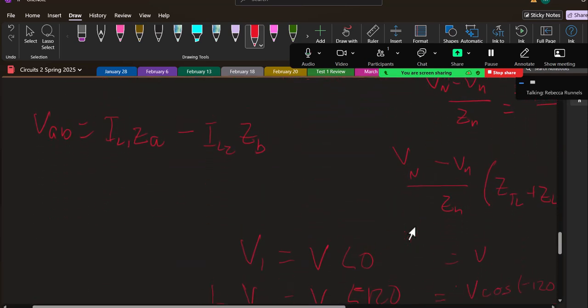Then you just use the values you had. If you want to go back and do this on your own, VAB ends up being 200 angle 28.8. What do you suspect the magnitude of VBC and VCA is going to be? Equal, 200, right, and the angles are going to be 120 apart.